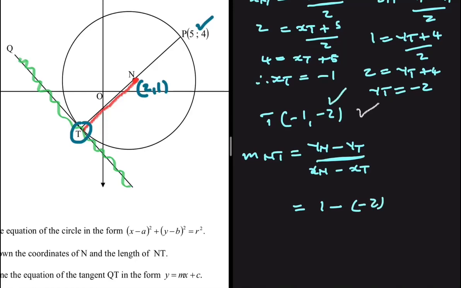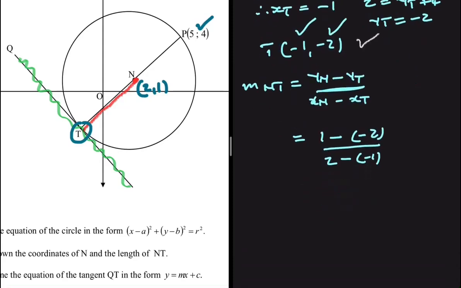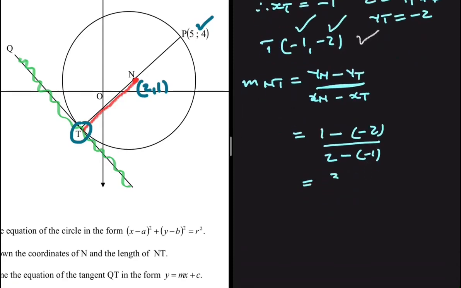We have it right here. And then everything divided by x of n, which is 2, minus x of t, which is minus 1. So we have 3 divided by 2 minus minus 1, that is 3. So the gradient of nt is 1.